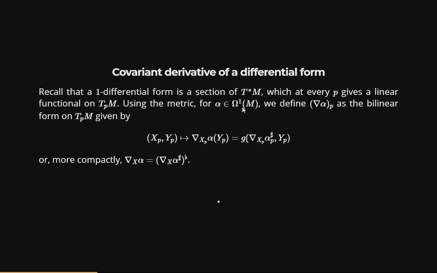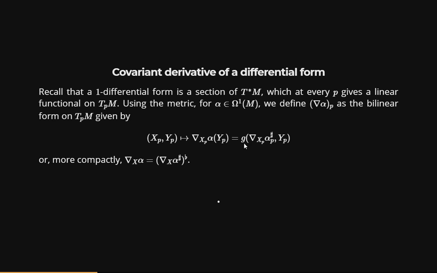Using the metric, if you get a section of T*M, which let me remind you, are denoted by Omega^1(M), the differential one-forms on M, we define the covariant derivative of alpha at p as this bilinear form. So the bilinear form that sends X and Y, well, this would be the writing, and this is the definition.